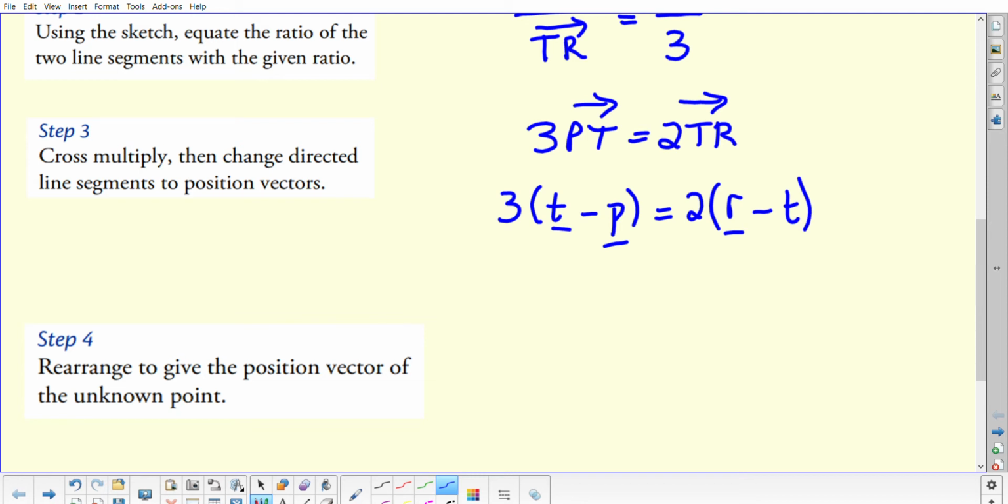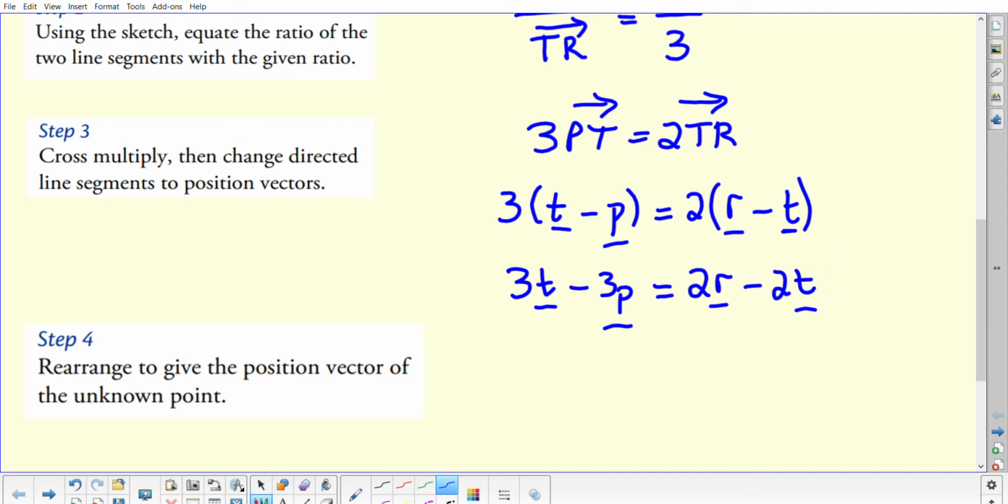That would be the position vector of T, so we will try to isolate that. If you multiply this out, a bit of algebra, you get 3T minus 3P equals 2R minus 2T.